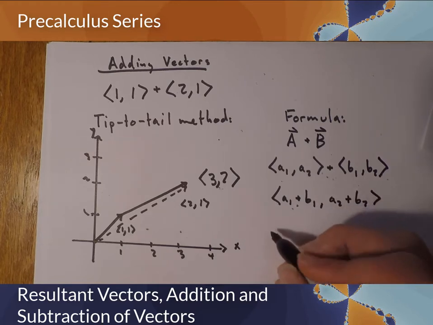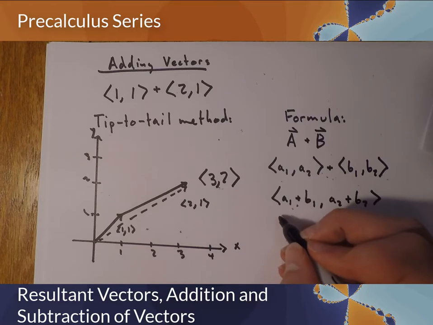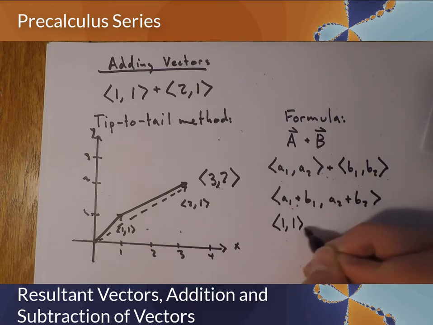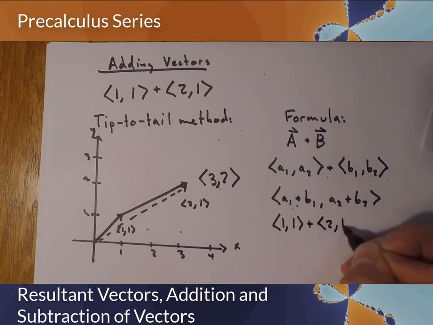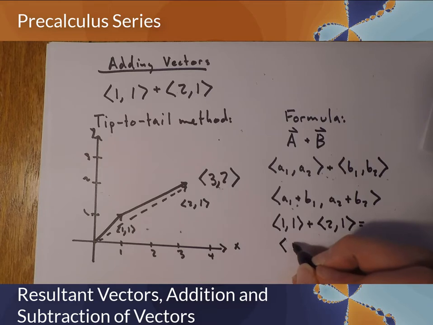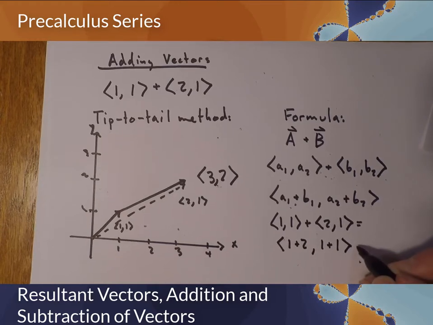So if I use this formula and I have the vectors 1, 1 plus 2, 1, what you get is 1 plus 2, summing your x components, and then 1 plus 1, summing your y components, to get the vector 3, 2.